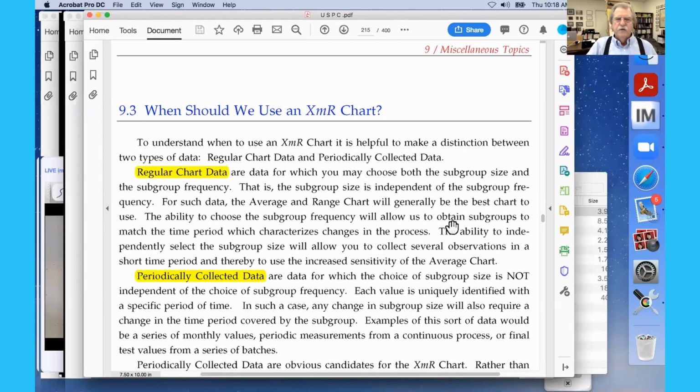The ability to choose the subgroup frequency will allow you to obtain subgroups at whatever frequency matches the time scale on which the process can change. And the ability to independently select your subgroup size will allow you to collect several observations in a short period of time and thereby use the increased sensitivity of the average chart.